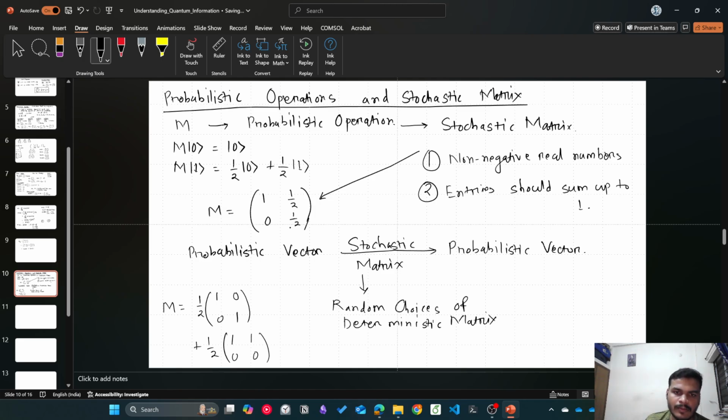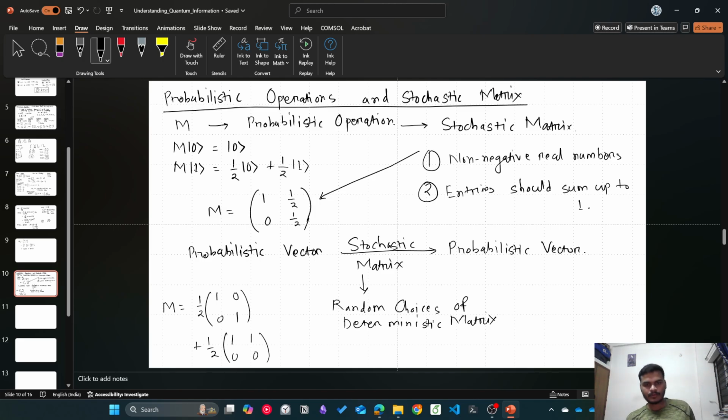This half will stay, this half will stay, this half will give us 1. These are two deterministic matrices or deterministic operations that you can sum using some fractional coefficient, which basically gives the random choices of deterministic matrix, and we can get this stochastic matrix, right?